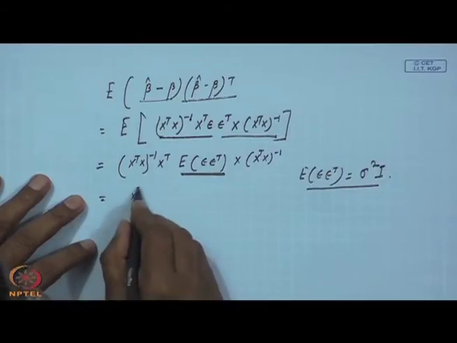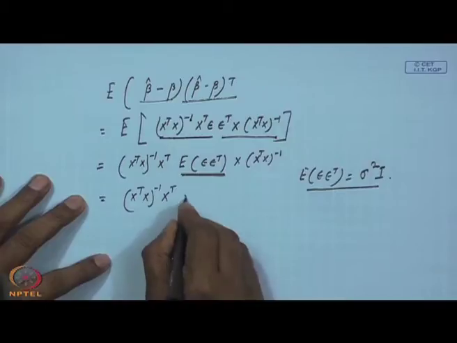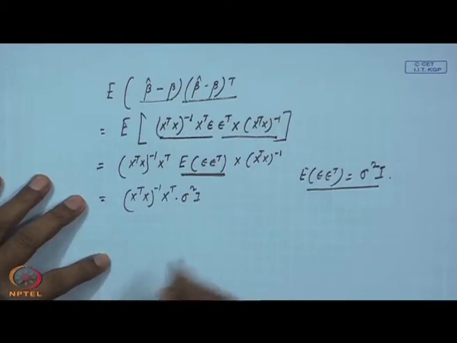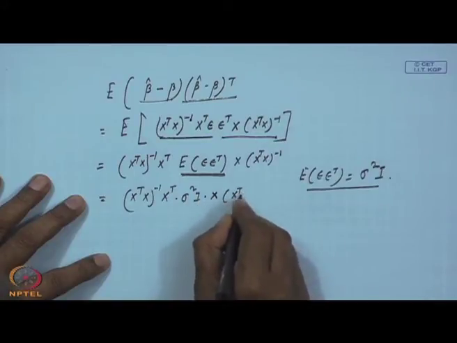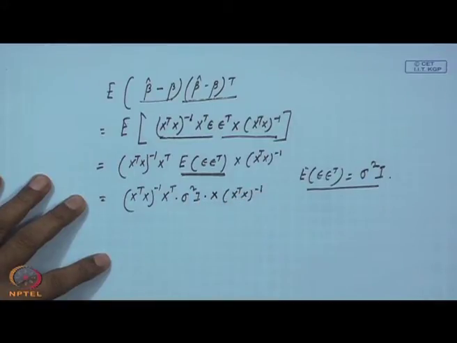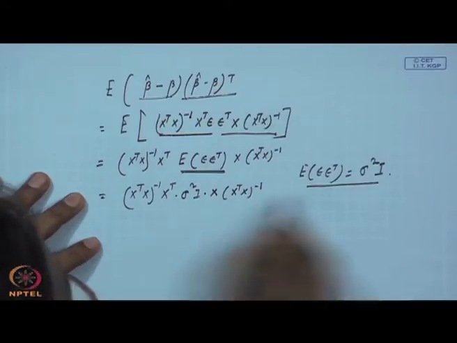So this quantity will become (x transpose x) inverse x transpose sigma square I x (x transpose x) inverse. Now sigma square is a constant, and I is the identity matrix, so that will go.